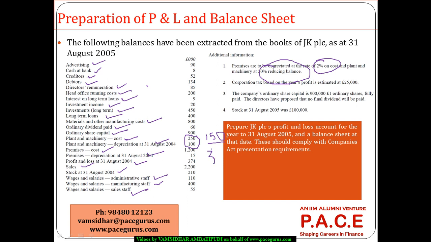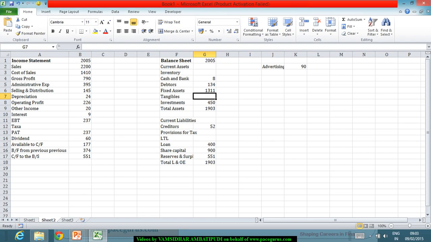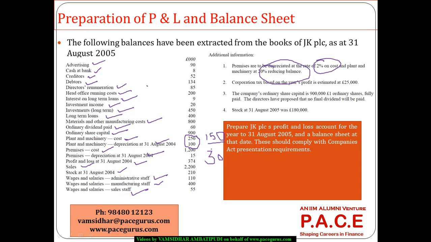So we are applying the depreciation of 20% on 150, which is another 30. So I'm subtracting another 30 from this list. Okay, so that is my first piece of information here.